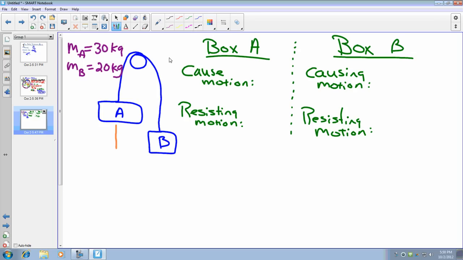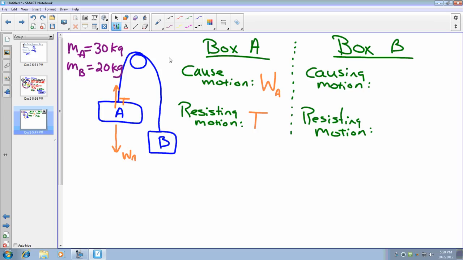Let's say that box A's motion is really going to be caused by the weight of box A. And we know that the weight of box A is causing the motion because its mass is greater than box B. So what's resisting box A's motion? Well, box A's motion is being resisted by the tension on this rope. The tension on this rope is going to be what's resisting that motion.